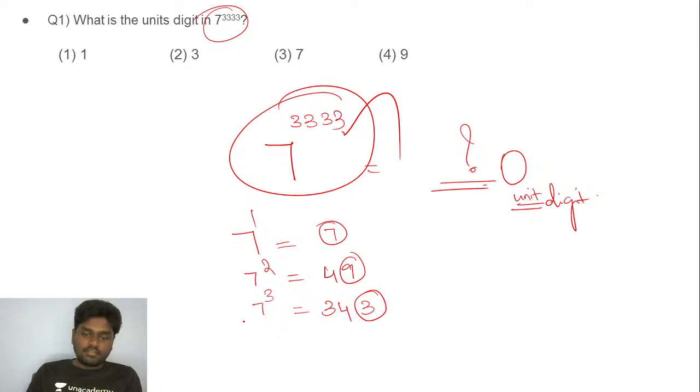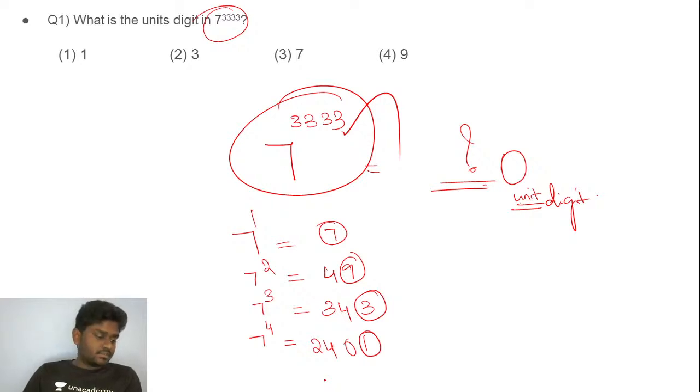And if you go for 7 power 4, you get the unit digit to be 1.